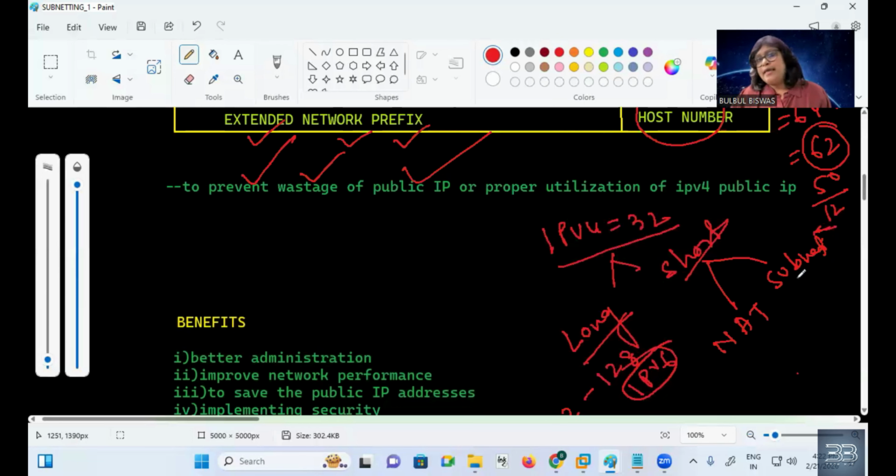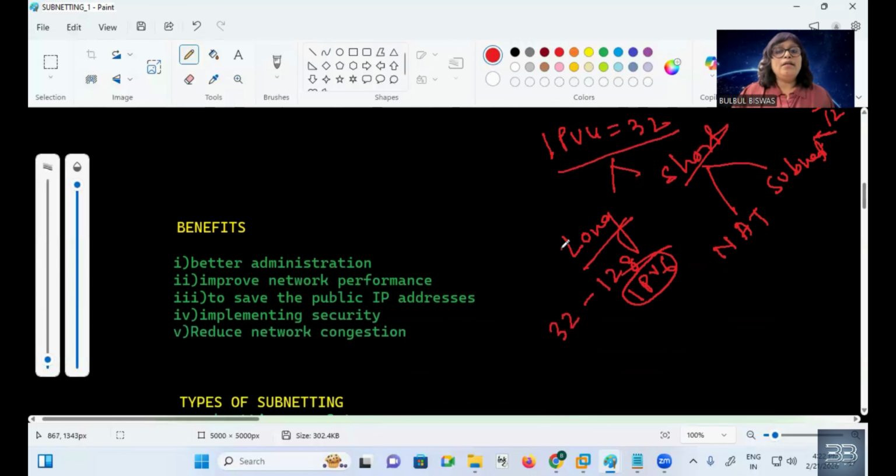They developed these two concepts to prevent the wastage of IPv4 addresses so that till IPv6 comes in the market, the industry can manage the network with IPv4. Am I clear? So what was the cause of subnetting? The cause of subnetting was not just to prevent IPv4 from wastage. Okay. So next is, what is the benefit?